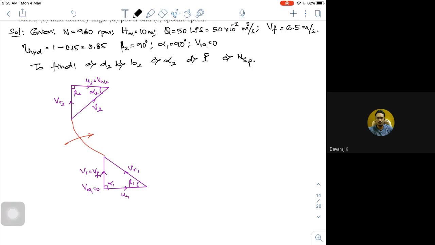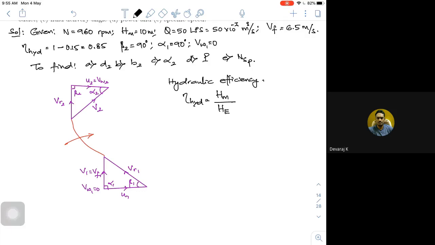So we know the hydraulic efficiency. What is the hydraulic efficiency? The hydraulic efficiency is equal to your manometric head divided by your Euler head.